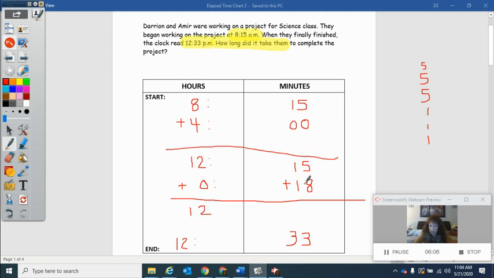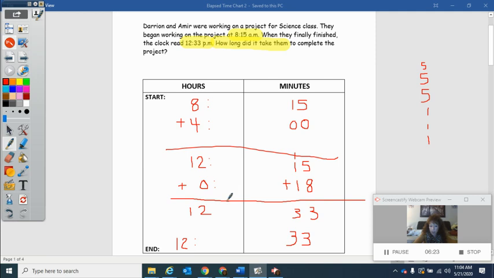But 15 plus 18, let's see, I've got 3 here, 13. There's 5 plus 8 is 13, so I got to carry my 1. And then 1, 2, 3, that's 33 minutes.